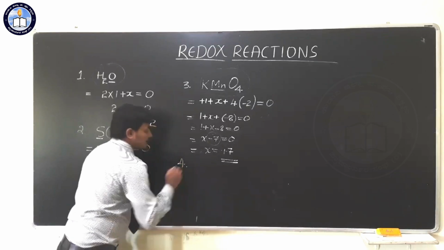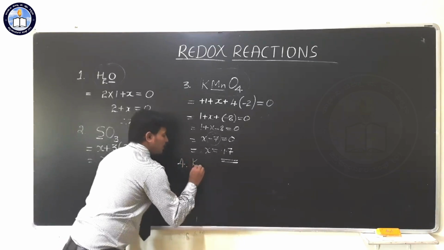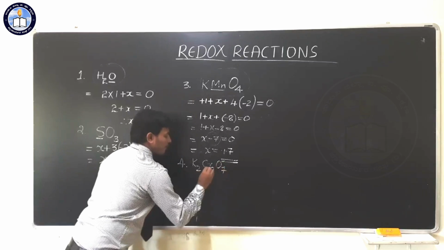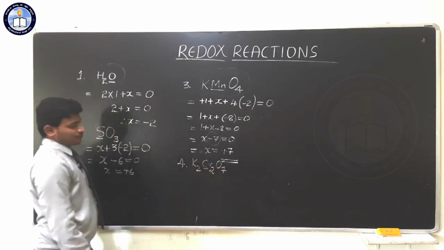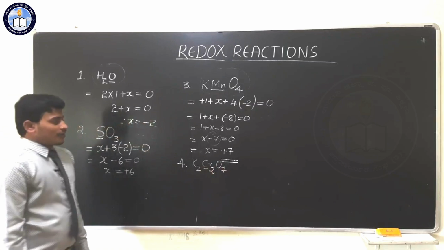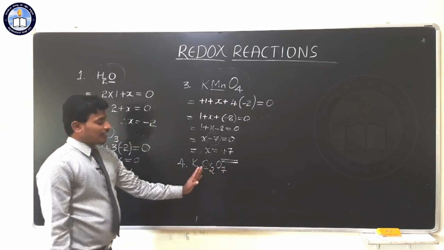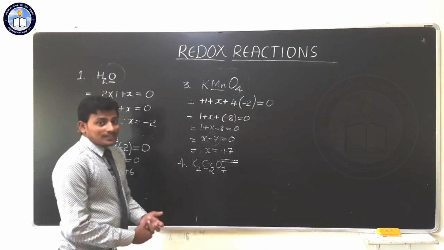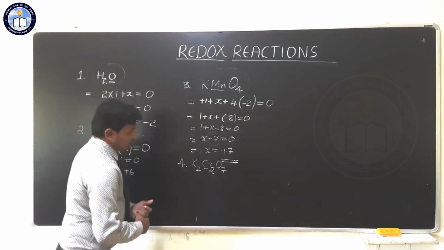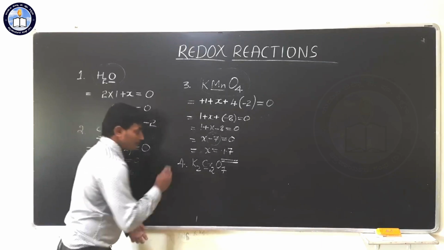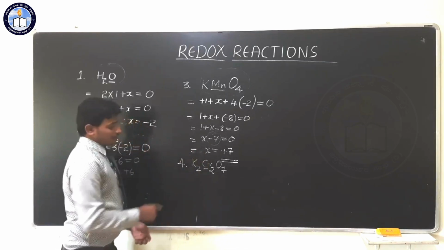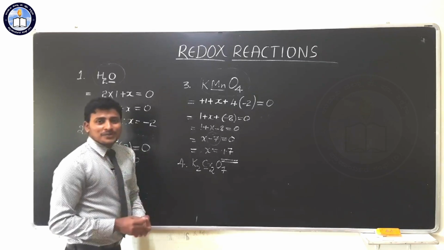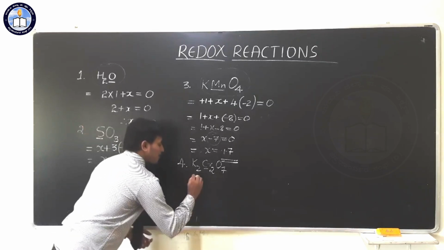Okay. Fourth one, if it is K2Cr2O7, find out for chromium. What is the name of this one? Potassium dichromate, orange colored crystals, right? How to find out for this? Same method: potassium is an alkali metal, and for that the value is plus 1.